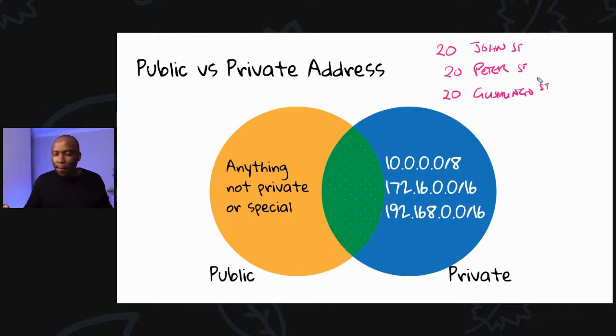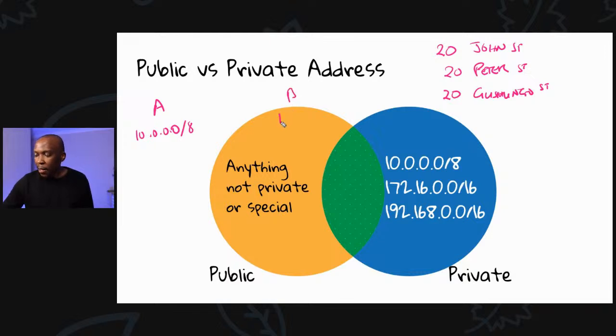The same is in your organization. Company A can have a network of 10.0.0.0/8. Company B can also have a 10.0.0.0/8. And there's no conflict. Why?